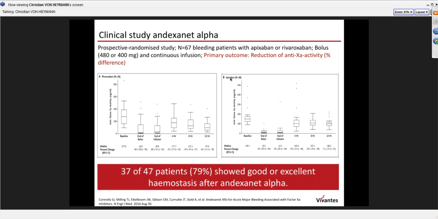If you have a patient with severe heart failure, he is most likely to have some sort of renal compromise, and this will prolong the half-life of the NOACs, and therefore this will finally be the indication for treating these patients with a renal dose of the NOACs.